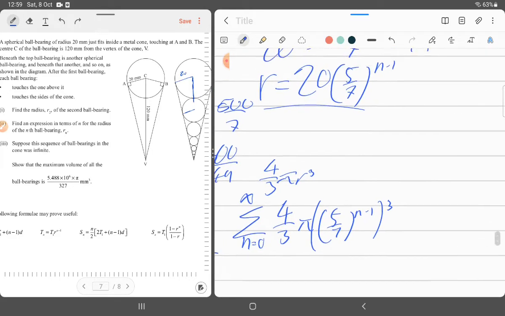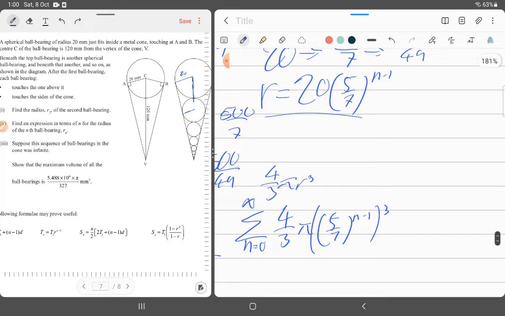Then, oh no, that's 20 of those. Right, isn't it?